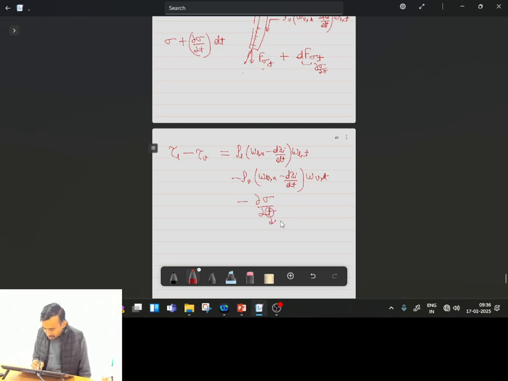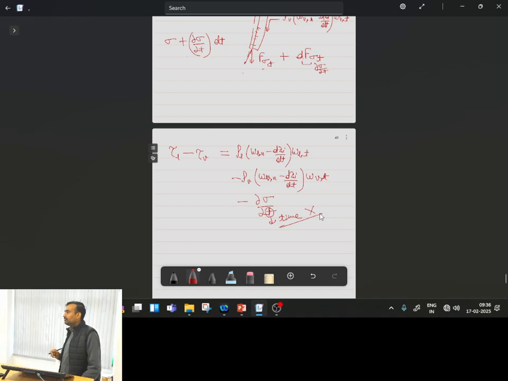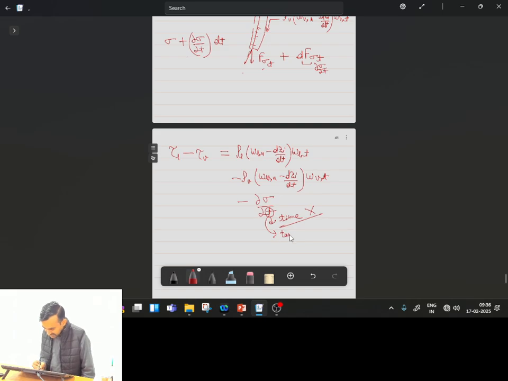This t is not time. I think I have made a mistake in choosing t for tangential direction. Consider this t to be the tangential direction. So it means this is a spatial parameter.